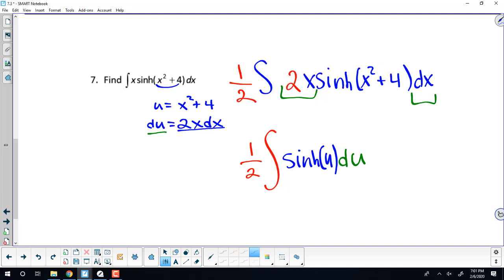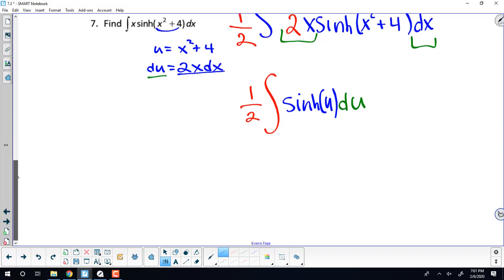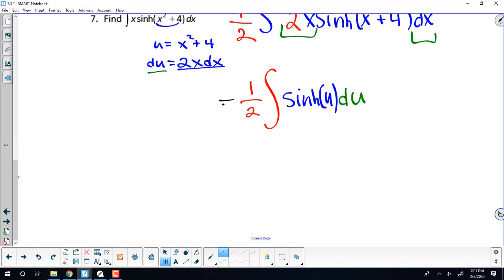So that's all you have to integrate there. The antiderivative is hyperbolic cosine of u plus c.